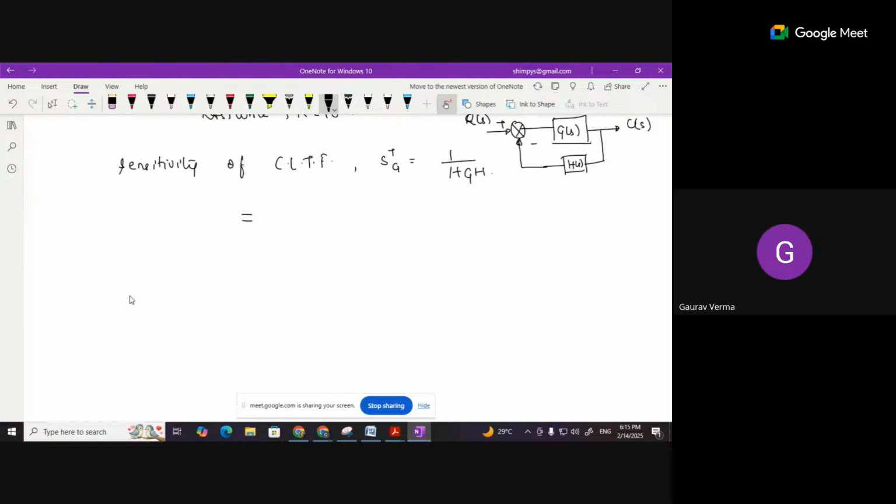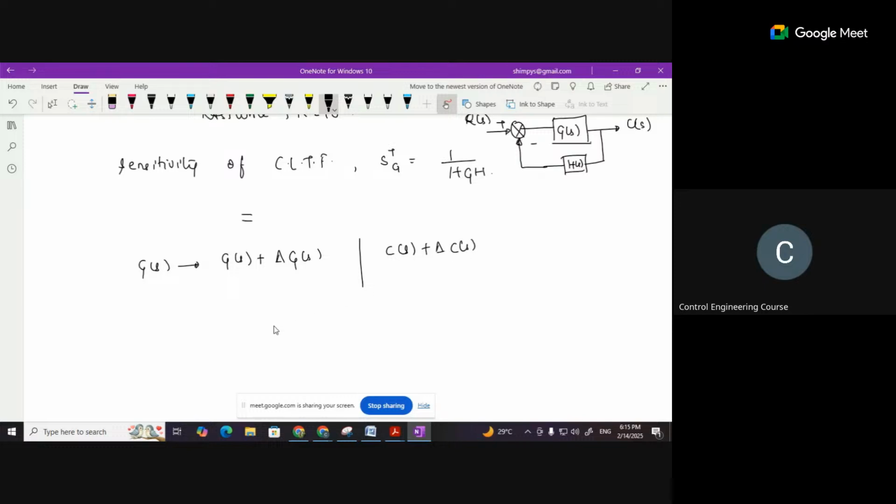So you know that if we have a closed loop configuration as we have drawn here, and there is a small change in GS, we can write that GS changes to GS plus del GS. It may be due to a parameter variation, and correspondingly we have a change in output CS, that is CS changes to CS plus del CS.